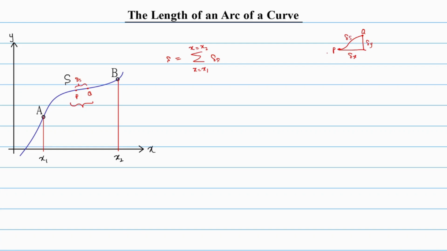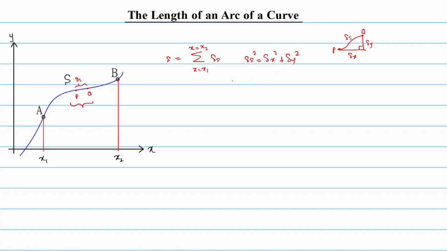Since delta S is an extremely small length, it is safe to say that this is a right angle triangle, and therefore the Pythagoras theorem applies here. Therefore, we can write that delta S squared is equal to delta X squared plus delta Y squared.